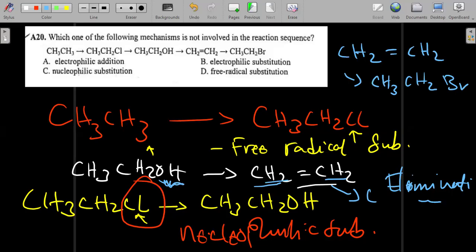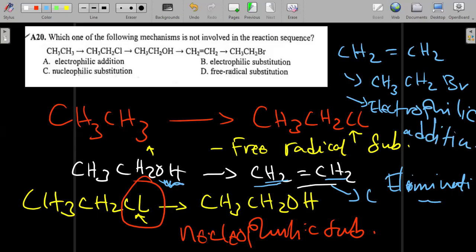What has happened there is electrophilic addition. So why is it electrophilic addition? It is electrophilic addition because on this double bond here, you can see this double bond, right? We have added a bromine to this double bond there. So that is electrophilic addition.